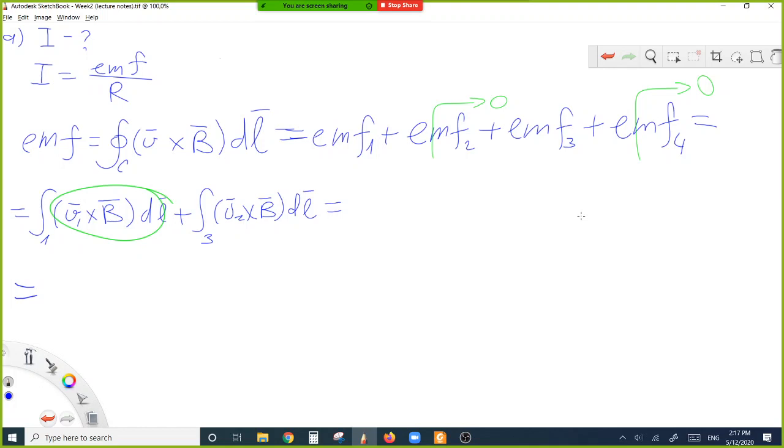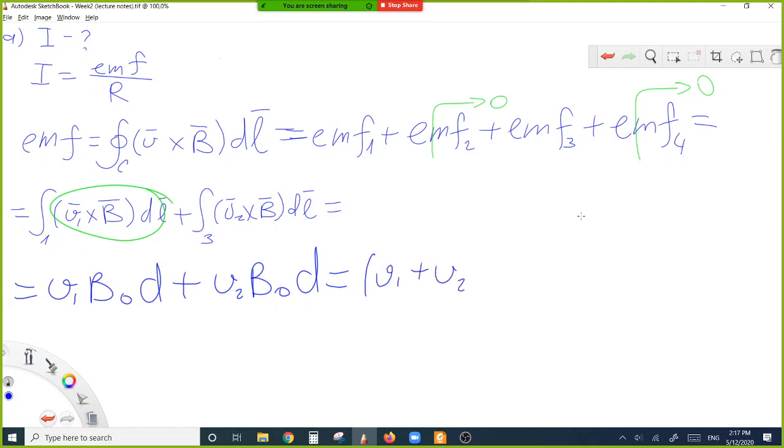The first integral gives us v1 B0 d, and the second integral gives us v2 B0 d, or (v1 plus v2) B0 d.